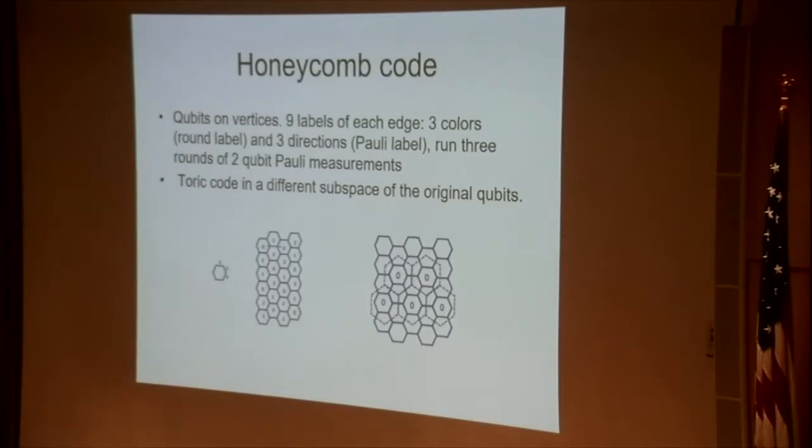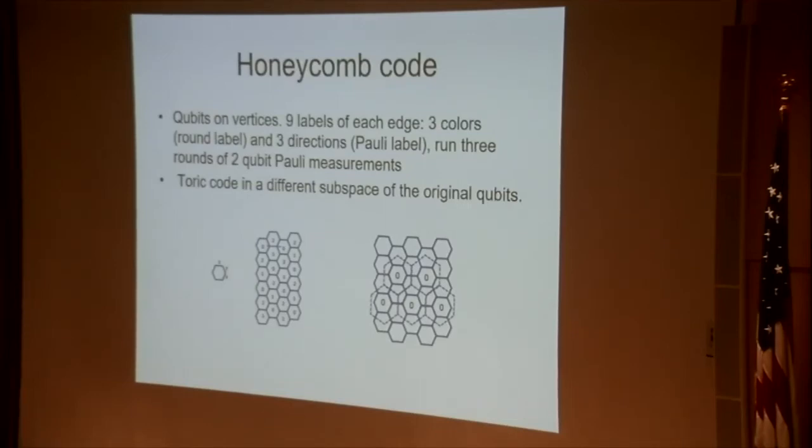So there's a dynamic toric code inside this bigger Hilbert space. And it has a much higher accuracy threshold, only 2 qubit measurements, and a very easy layout for Majorana qubits. Perfect for us. It just beat surface code for us completely. So that's what they invented for our purpose.